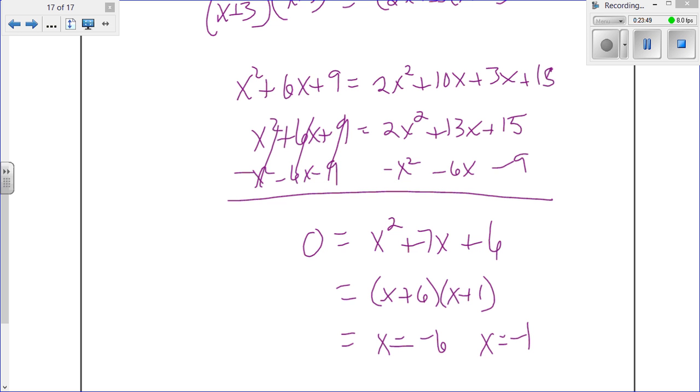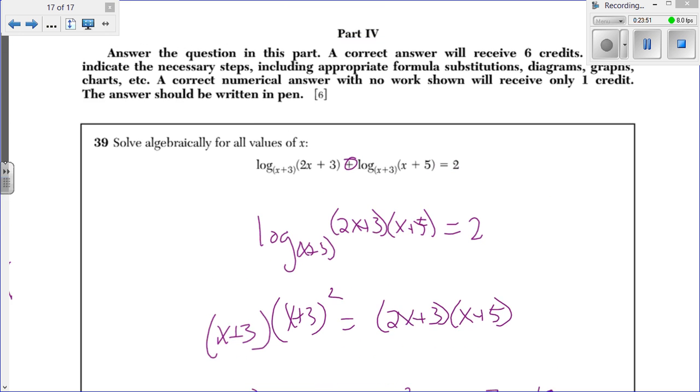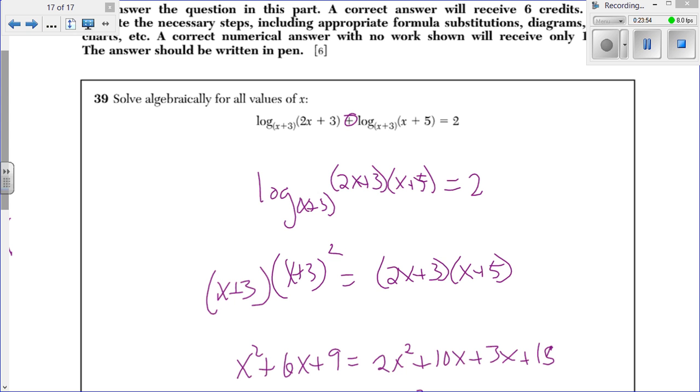Now, we can't always have negatives. Going back to the original problem, if I put in -6, I'm going to get a negative base because x plus 3, and I can't have a negative base, so I have to get rid of my -6.